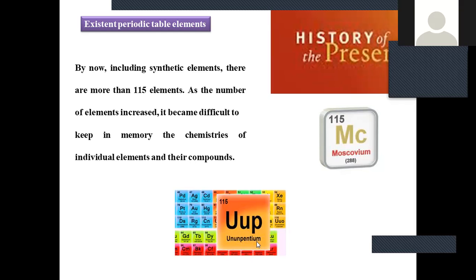So here nil 0, un 1, bi 2, tri 3, quad 4, pent 5. In this way, UUP: un means 1, P means pent 5. Ununpentium is the periodic table terminology of the 115th element. Okay, so in the modern periodic table, the highest number of elements is 115.